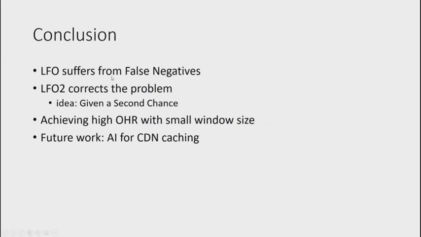Conclusion: LFO suffered from false negatives. LFO2 corrects the problem by granting second chances to objects that are being requested for their last time during a window. We are able to achieve a high object hit ratio even with small window sizes.